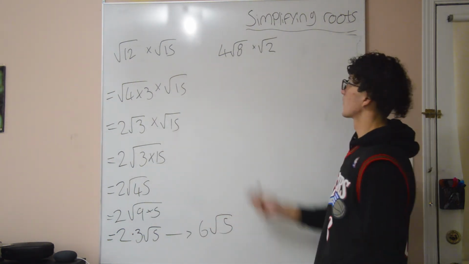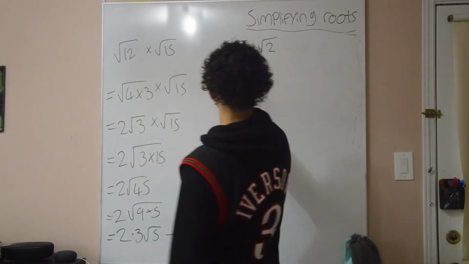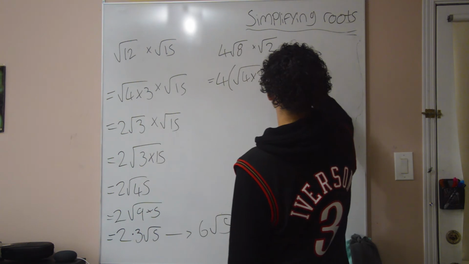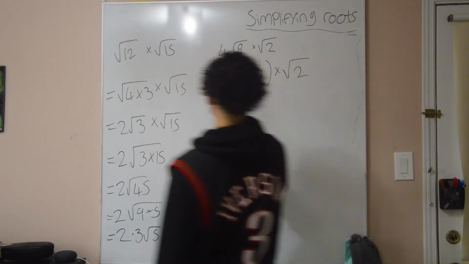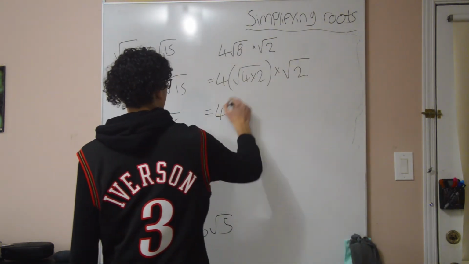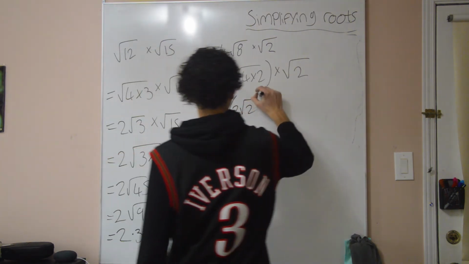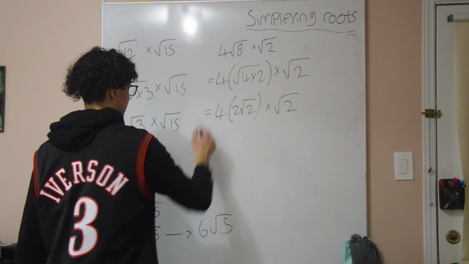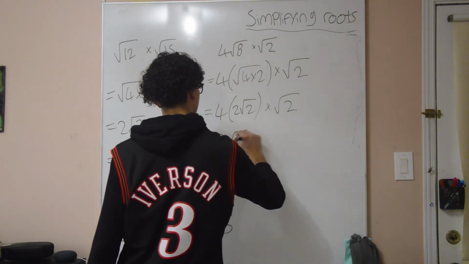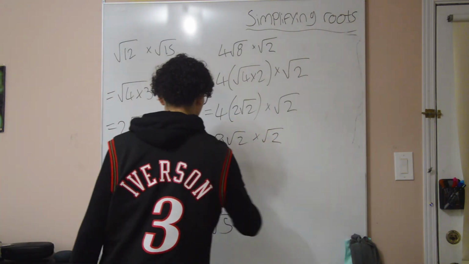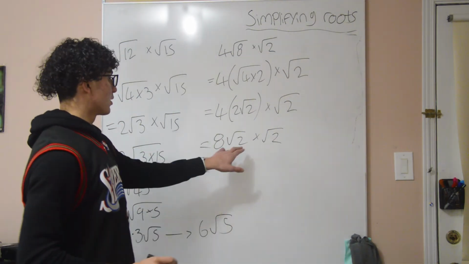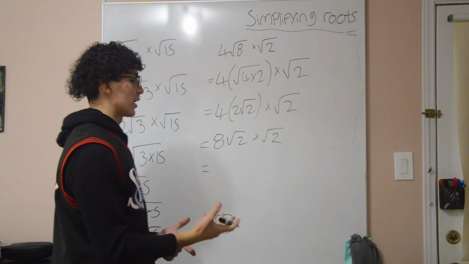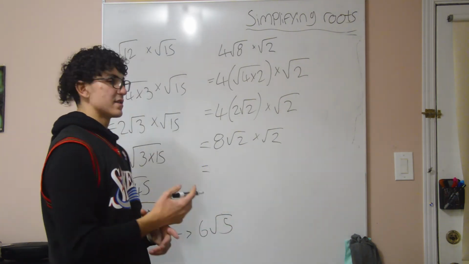Just like that. Finally, let's do this one. 4 root 8 can be rewritten, and root 2 cannot really be rewritten. So then we get 4 times 2 root 2 times root 2. Just like that, 4 times 2 becomes 8 root 2 times root 2. And we don't even need to put 2 times 2 in here. We know that a square root of a number times a square root of the same number is the number.